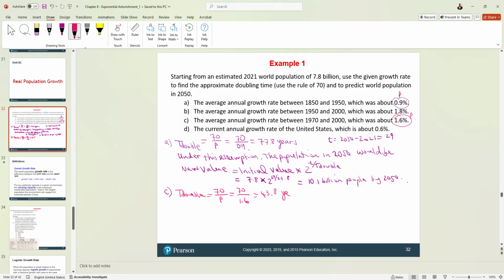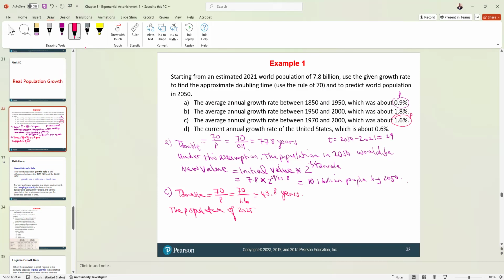43.8 years. Now, under this assumption, the population in 2050, remember our goal is to do starting from an estimate of 2021.